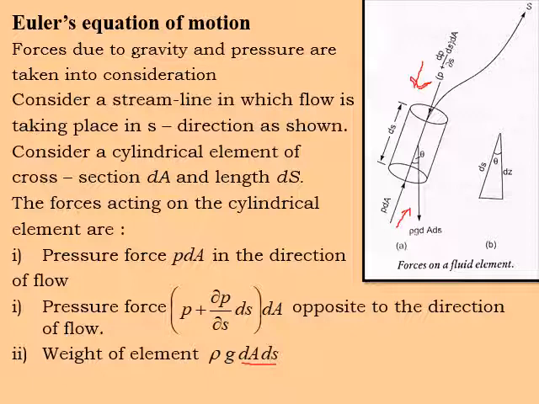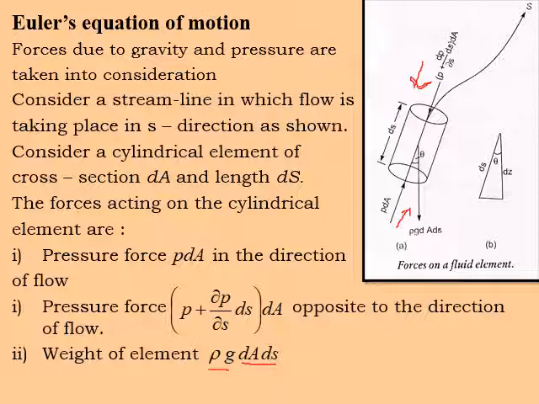We know that density equals mass by volume, so mass equals density into volume. If you want to calculate the weight of any fluid element, it is multiplied with gravity, so it is taken as rho g into the volume of the fluid element.